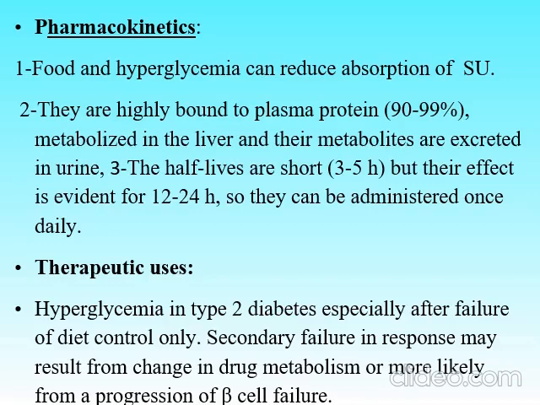Secondary failure in response may result from change in drug metabolism or, more likely, from progress of beta cell failure. It is essential for these drugs that the beta cell is still functioning at least 30% of its ability.